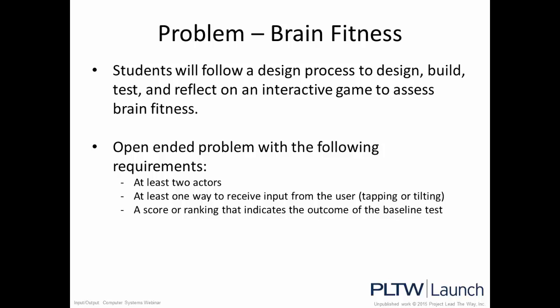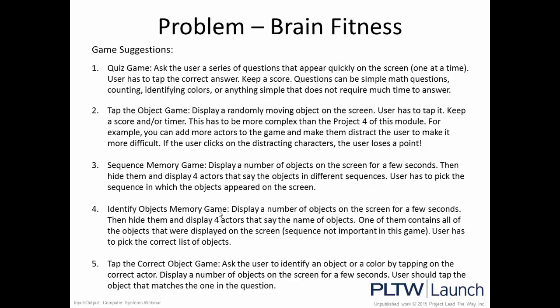The only requirements that we are forcing on the students at this point are three: at least two characters, at least one way to receive input by tapping or tilting, so they get to choose, and a score or ranking system. Everything else is up to them. These are the five game choices that we had suggested.